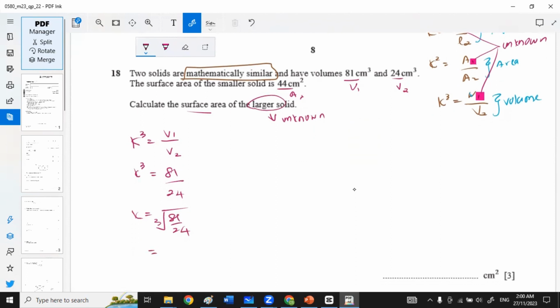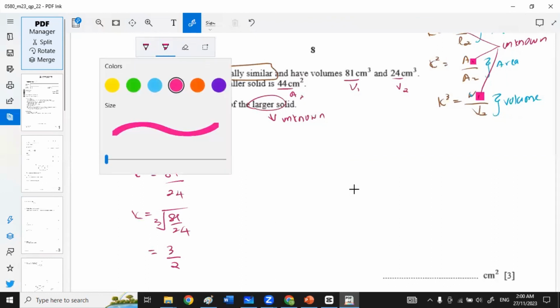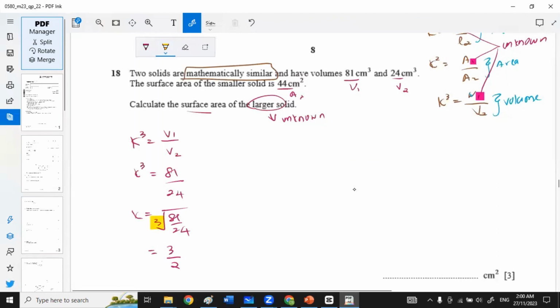You should get 3 over 2. This is a cube root, not a square root, so when you use the calculator, you need the cube root. If you get 1.837 something, that is the square root. You need the cube root. So from here, we know that k is equal to 3 over 2.